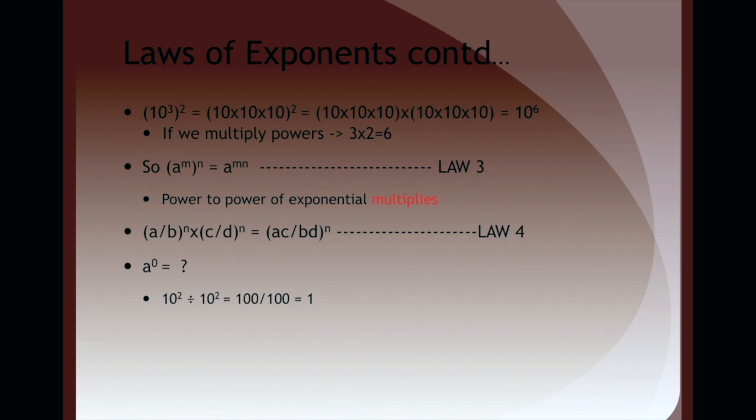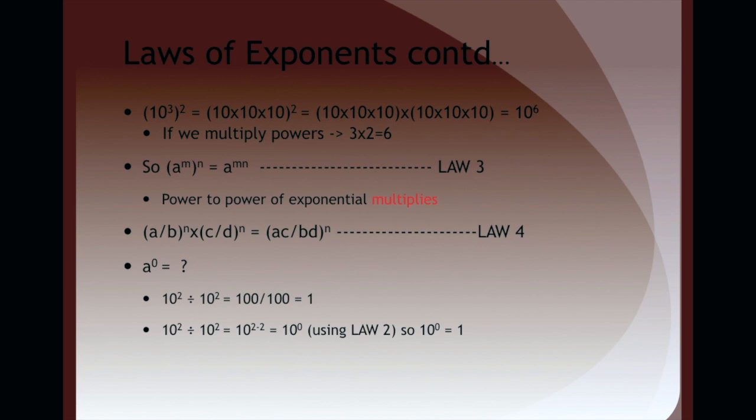Now from law number 2, we know that if an exponential number divides another exponential number with the same base, the powers subtract. So now 2 minus 2 becomes 0. So we can say 10 raised to power 2 divided by 10 raised to power 2 is 10 raised to power 0.